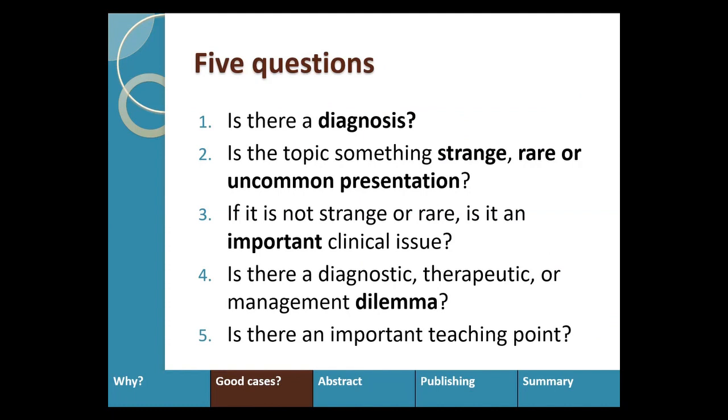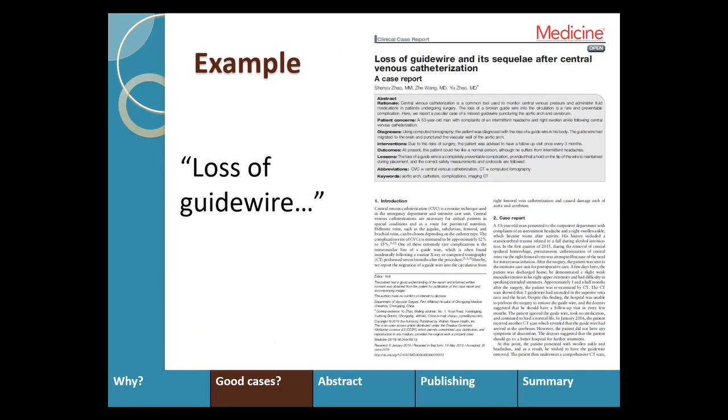So the last question you should ask yourself is, even if it's not particularly strange or rare, or if there isn't necessarily a dilemma, is there at least an important teaching point associated with your potential case? The example that I give for this important teaching point is loss of guide wire in someone placing a central line.